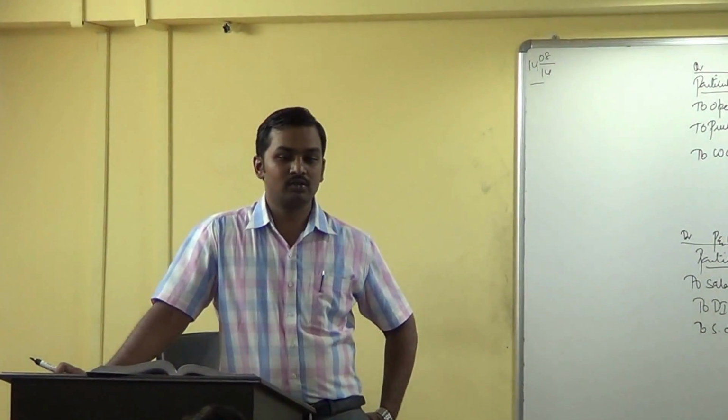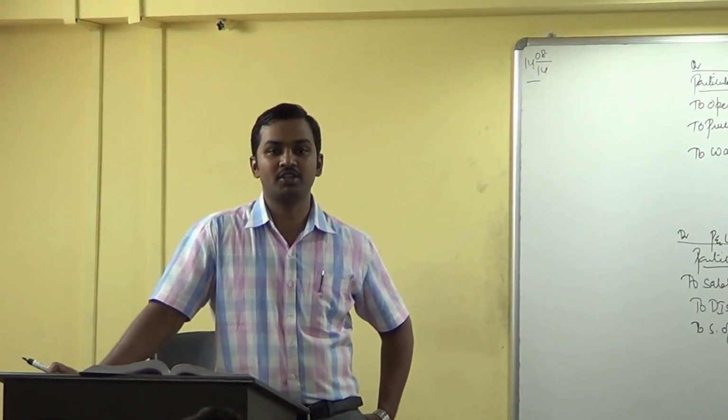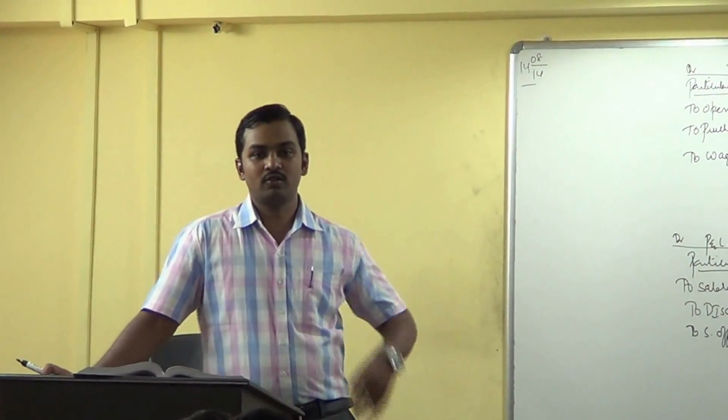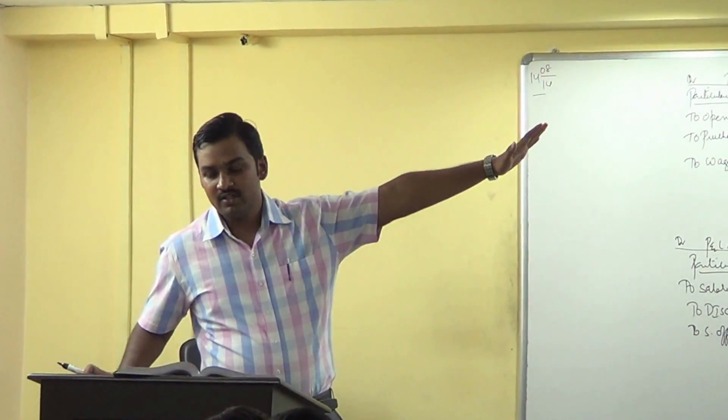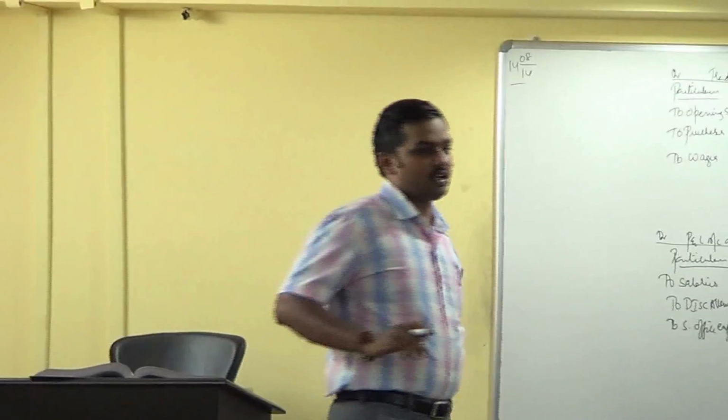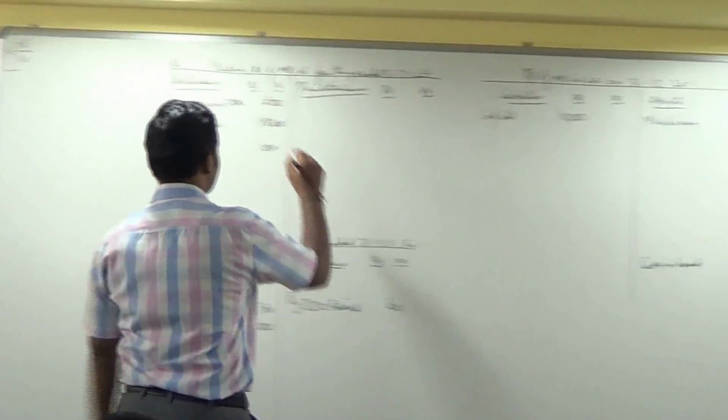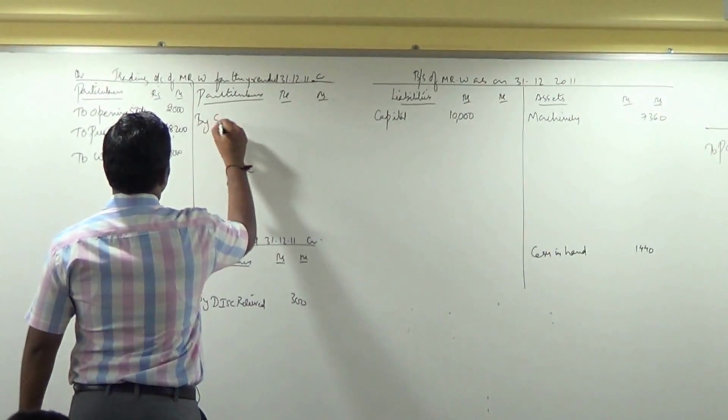Next, sales account. It is direct income. Sales account has to be closed at the end of the year. So where will you transfer sales account? Sales account has to be credited to the trading account, credit side, by sales account. 2000.